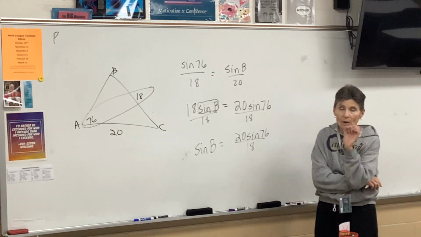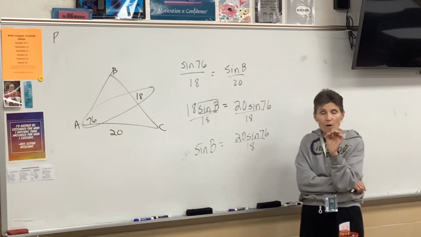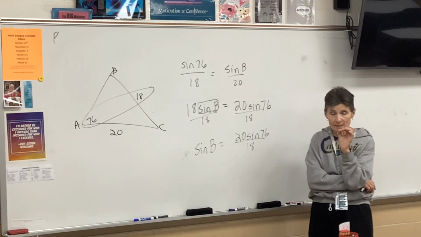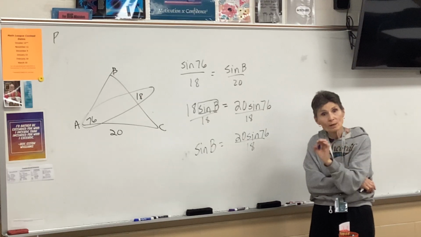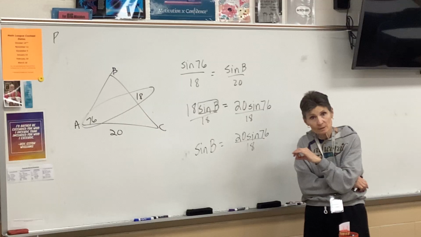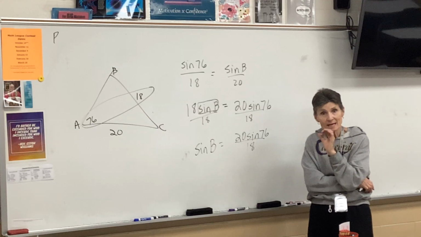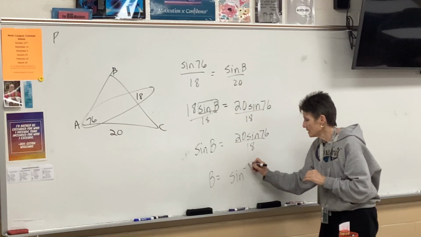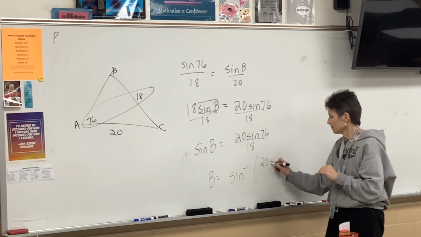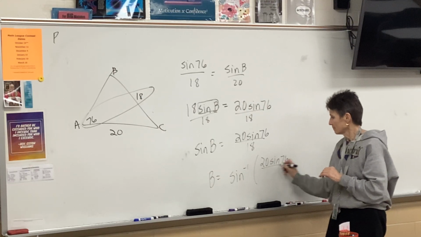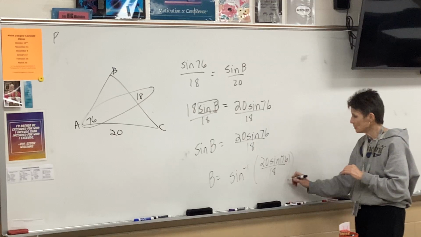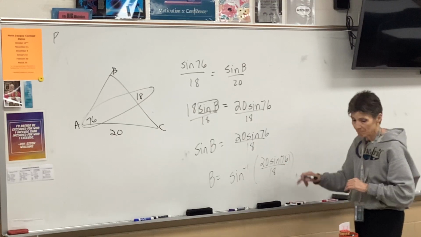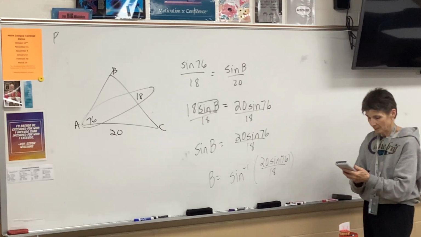Okay, what do we do now? We're trying to figure out angle B. What do we press on our calculator if we want to find an angle? We do inverse sine. Just remember to close that parentheses right there. All right, so here we go.